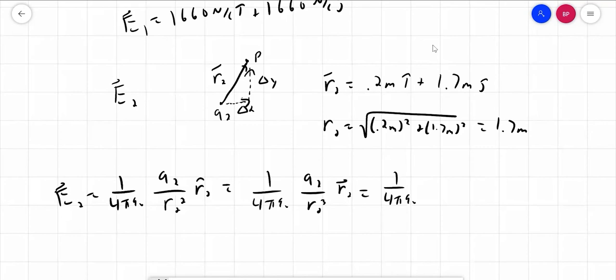Our Q2 was negative 2.7 times 10 to the minus 6 coulombs. Our distance was 1.7 meters. So we cubed that, and then we multiplied by the full vector.